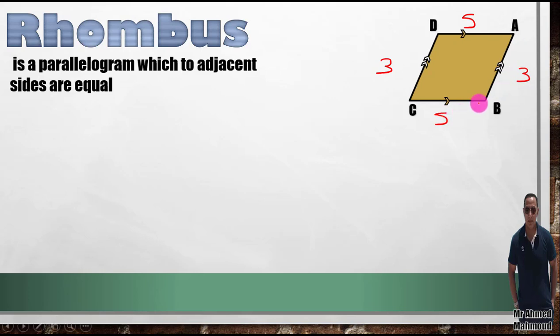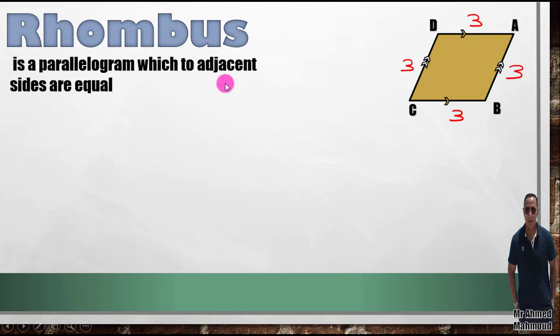So now AB equals 3, BC equals 3, and CD equals 3, and AD equals 3. That will happen if I make two adjacent sides equal: all the sides become equal, so the shape changes from a parallelogram into a rhombus.